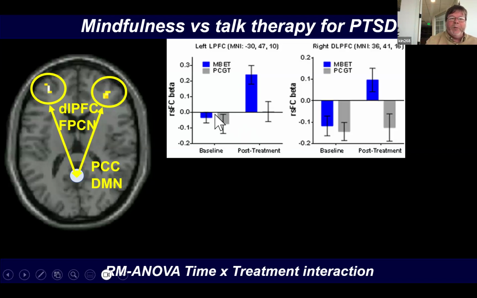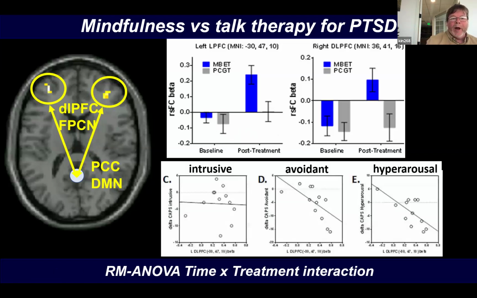Before the treatment, nobody had any connectivity. After the treatment, it was the MBET group, and not the normal talk therapy. It also was correlated with some symptom remission. So it looks like a real phenomenon, or at least we thought so.